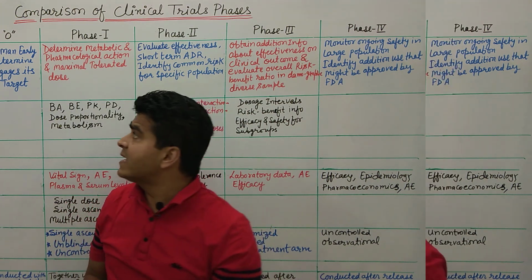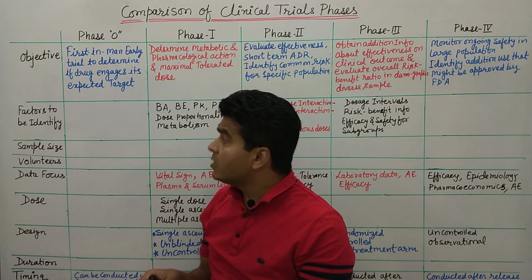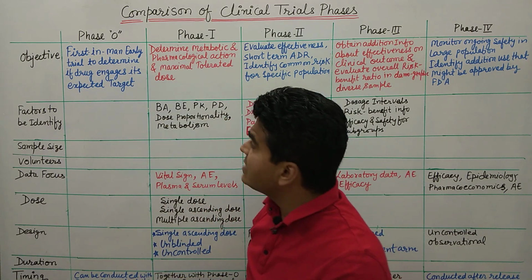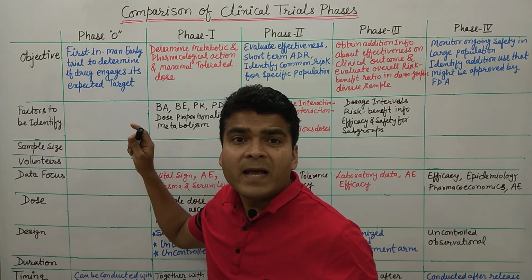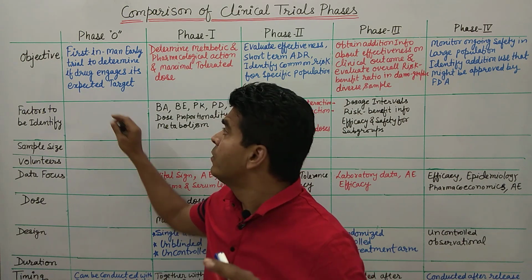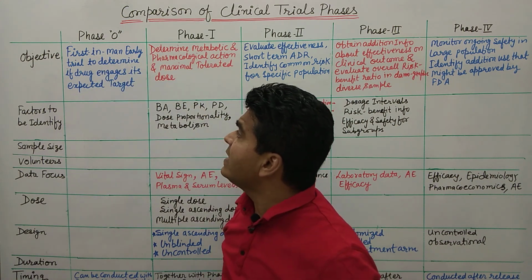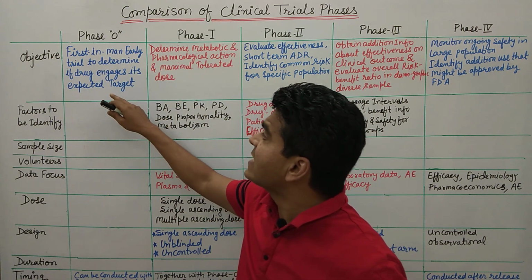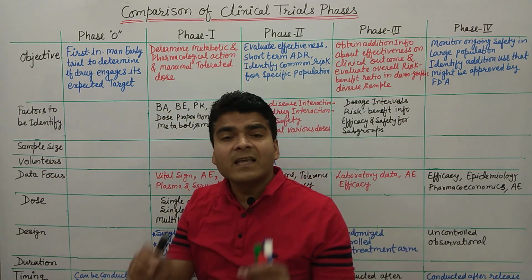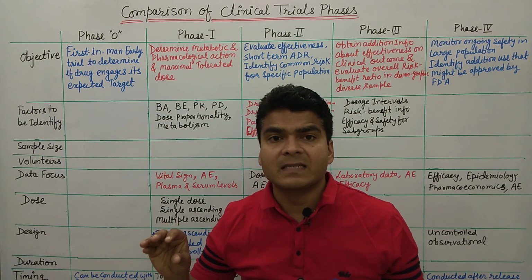First understand what the objective of phase 0 trial is. It is the first in man, in humano. The word is known as in humano. So first in man, an early trial to determine if the drug engages its expected target. Generally we take our lead compound from the preclinical study.